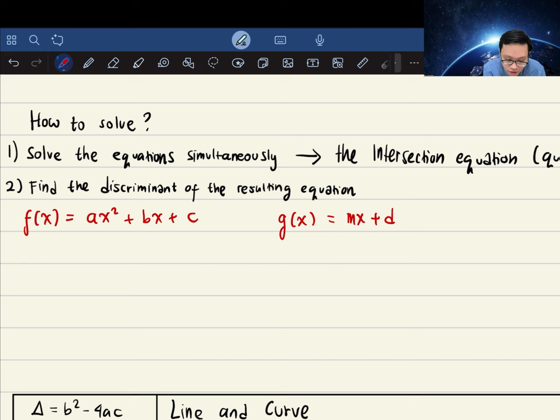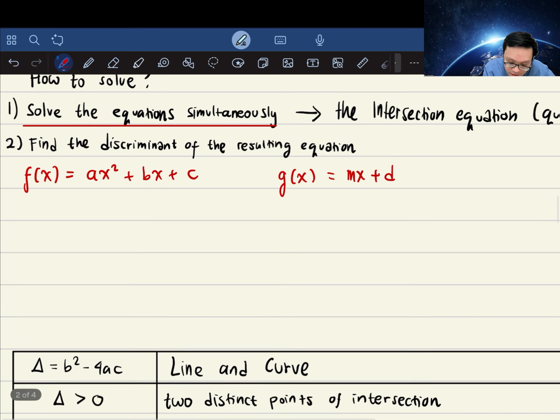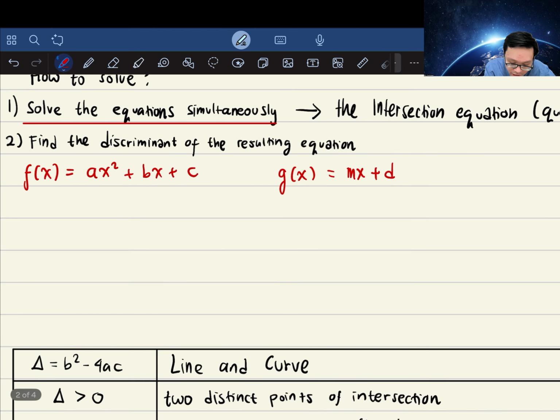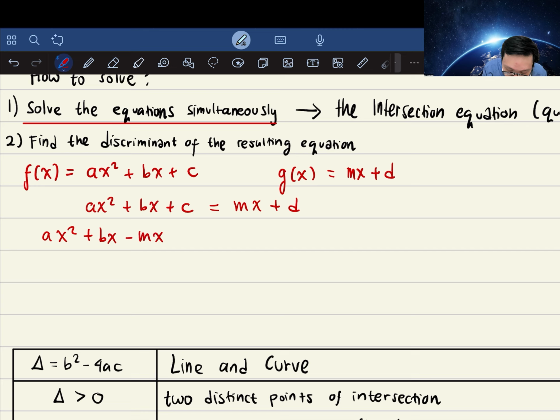First, you solve the equations simultaneously because we want to find the intersection, if they have one. Because they share the same value of y, we can equate them. So we get ax squared plus bx plus c equals mx plus d. And then we construct the quadratic equation from here. So we have ax squared plus bx minus mx plus c minus d equals 0.